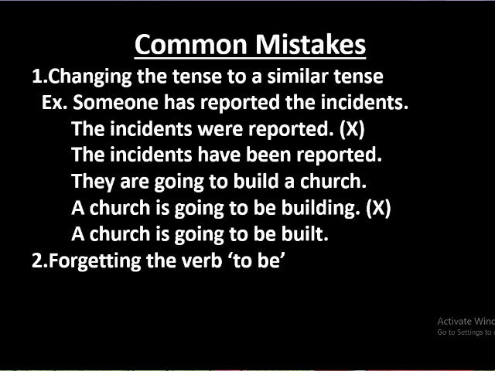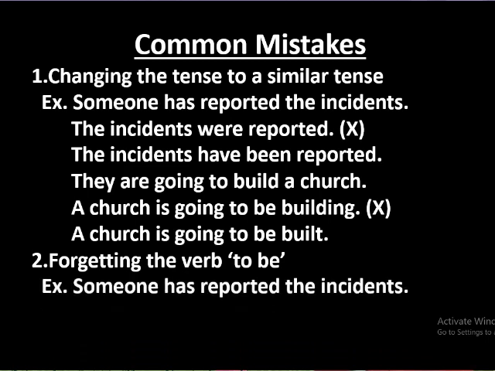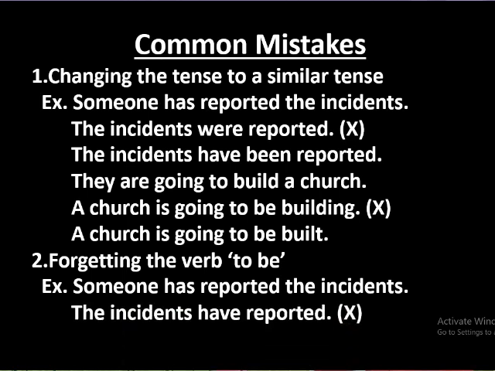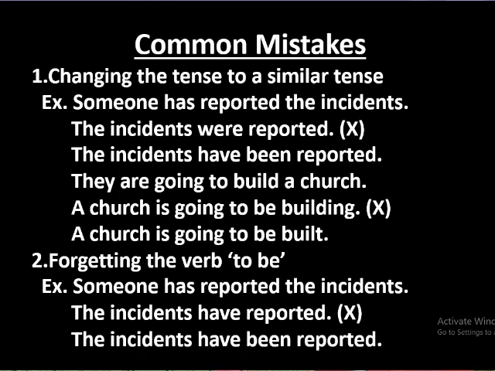Let us look at second common mistake, that is forgetting the verb to be. For example, someone has reported the incident. You may hear, the incidents I have reported, which is wrong. The correct form will be, the incidents have been reported.